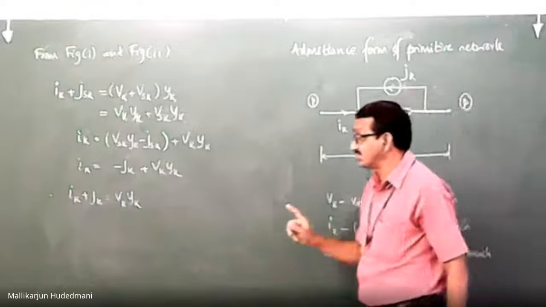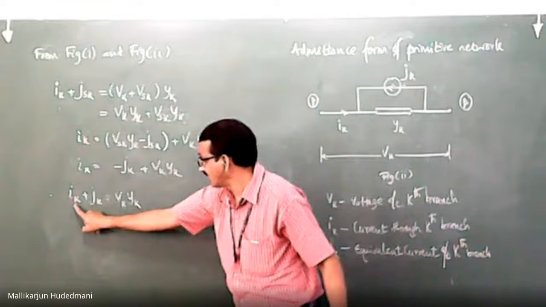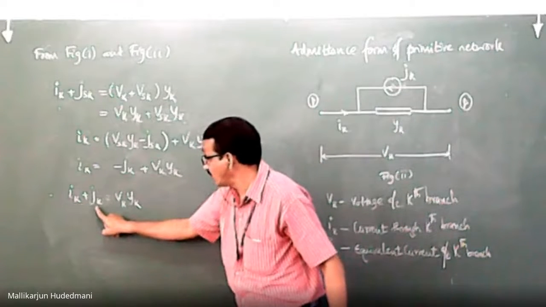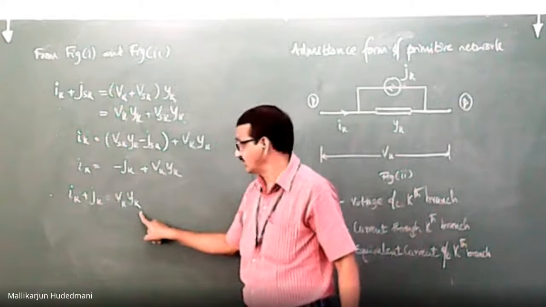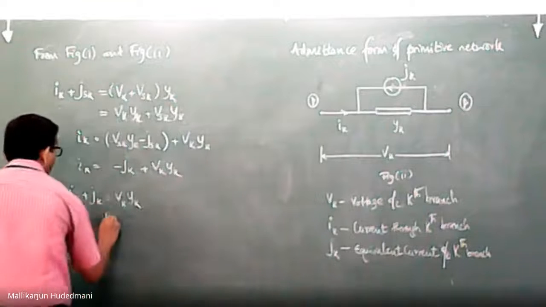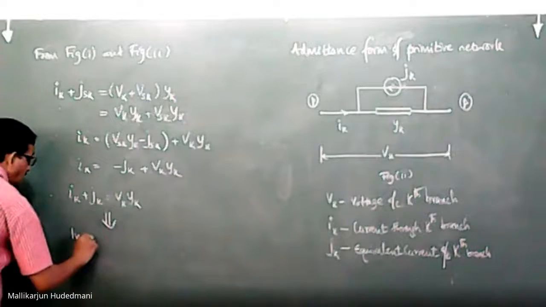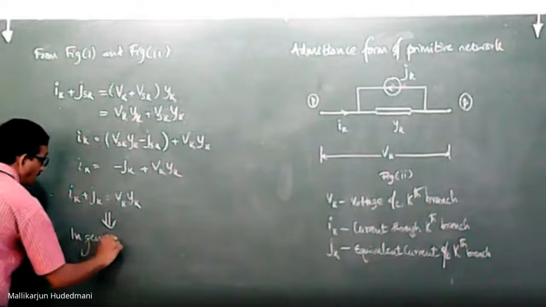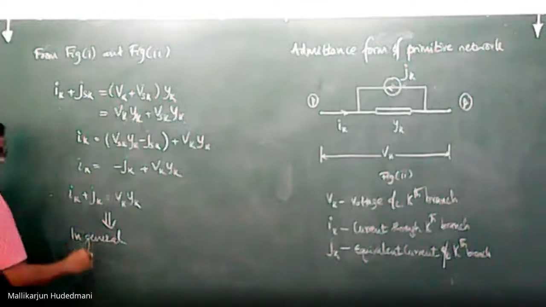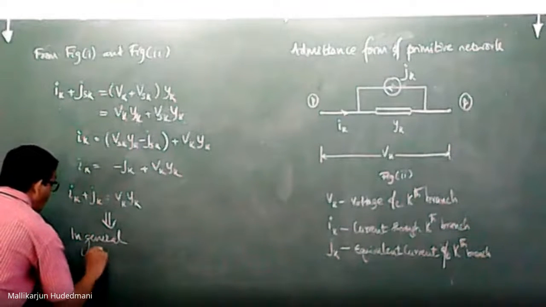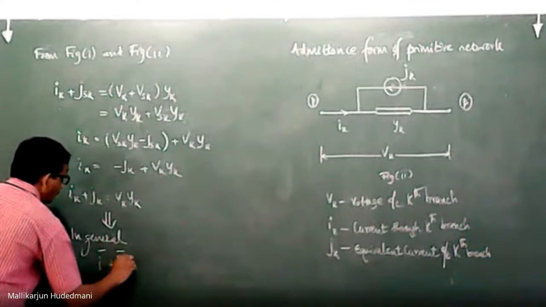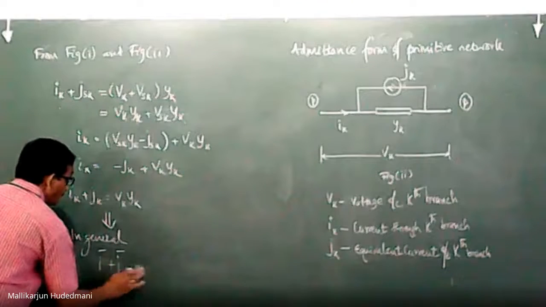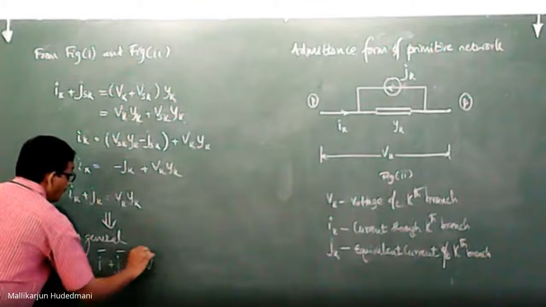But you see the simplicity is the current entering, the equivalent current source of the branch, and VK, YK are the representation. Suppose in general, this is the K branch only. It becomes I bar plus J bar equal to Y matrix times V bar.